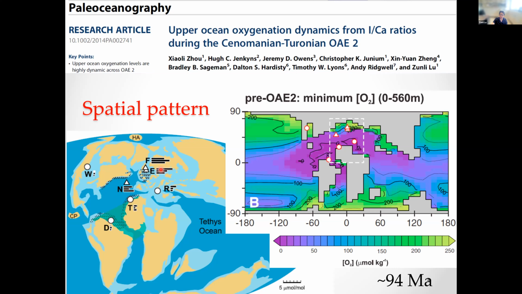And then you can see there's a pattern, there's a spatial pattern. In some parts of the ocean, the iodine calcium is generally high, but in other parts of the world, you get generally low iodine calcium throughout the event.